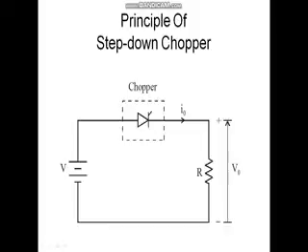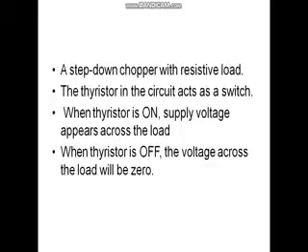Assume that the input voltage is 48 volt DC. The step down chopper with resistive load is shown in the figure. The thyristor in the circuit acts as a switch.